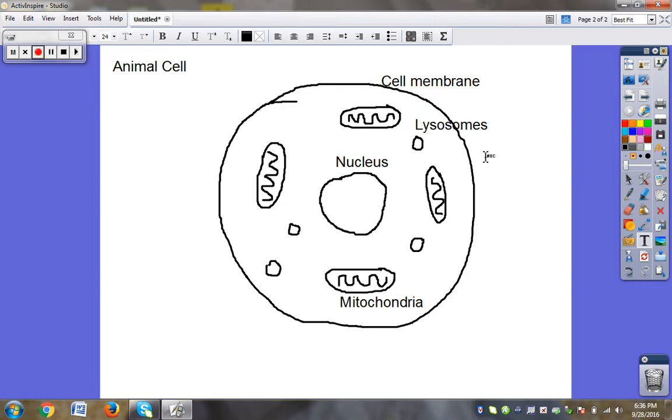Alright, so we've got our cell membrane, our nucleus, our mitochondria, and our lysosomes. That's where we're going to stop for our animal cell. There are plenty of other parts of a cell. There's stuff called the endoplasmic reticulum and stuff called the Golgi bodies. We're not going to worry so much about those right now. So now let's move on to the plant cell.